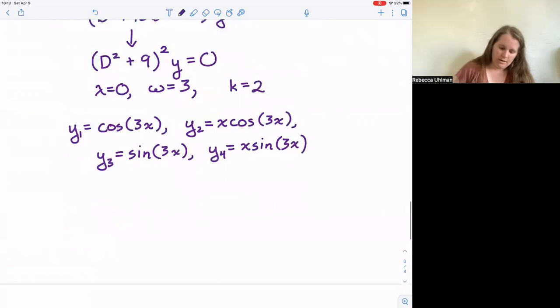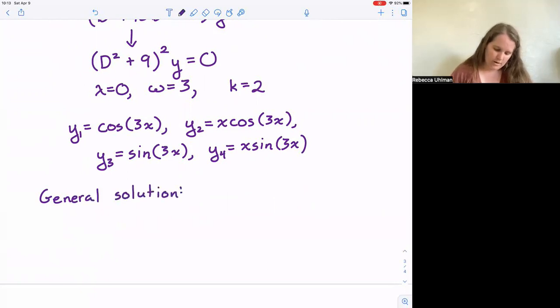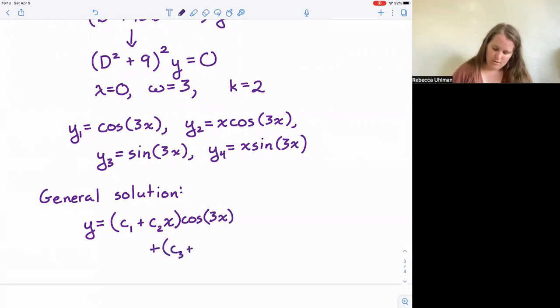Putting this all together, we get general solution. We will have y is equal to (c1 plus c2 x) times cosine of 3x plus (c3 plus c4 x) times sine of 3x.